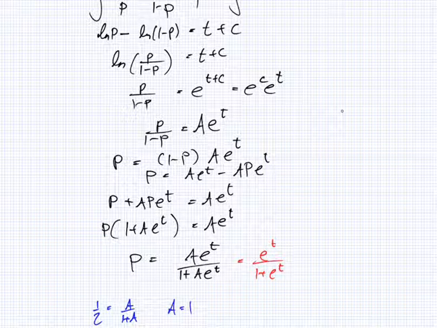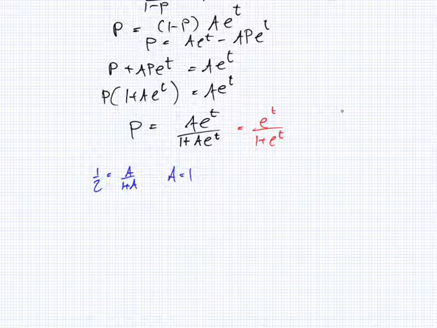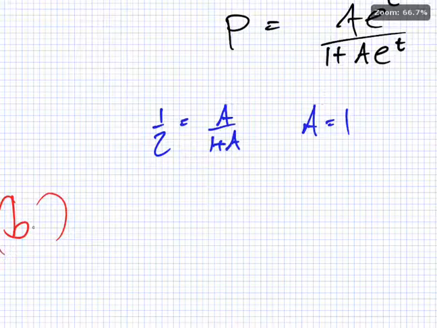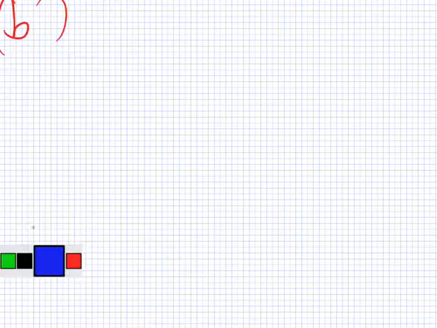Okay, there's still a B part to do. So the B part here, use the Newton-Raphson method, find the root, and you're told where to start, at minus 1.5.